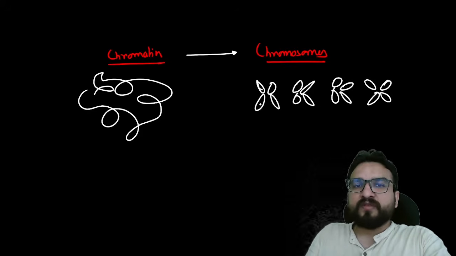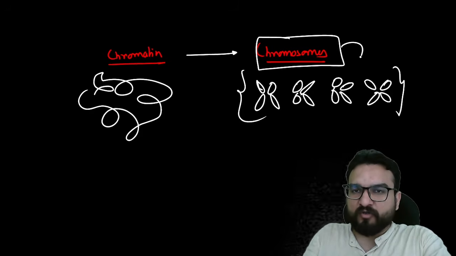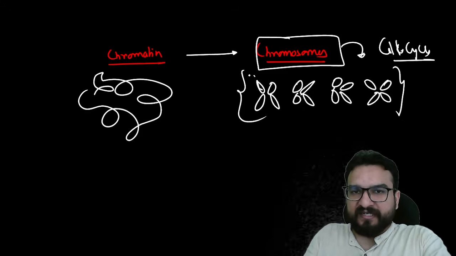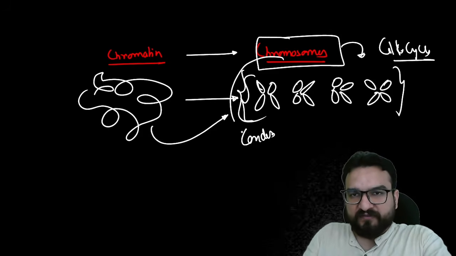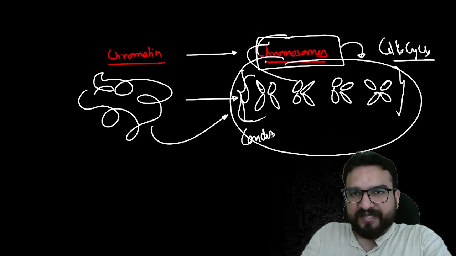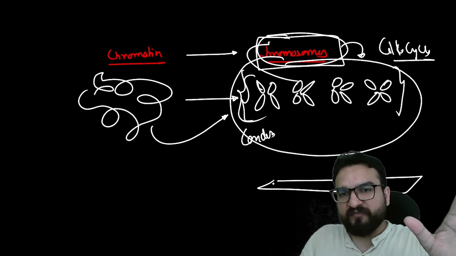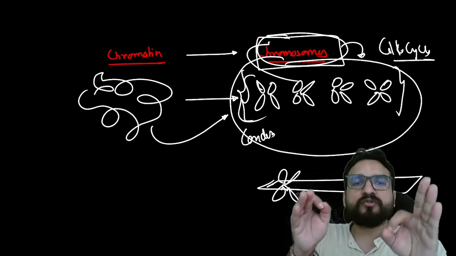This stage comes during metaphase, or during the cell cycle when I tell you mitosis and meiosis. Then it appears as this condensed material. So this is converted like this during the cell division process, and then we call them chromosomes, because they appear in a particular plate, the metaphase plate. I'll tell you this later on, and I'll also show you.